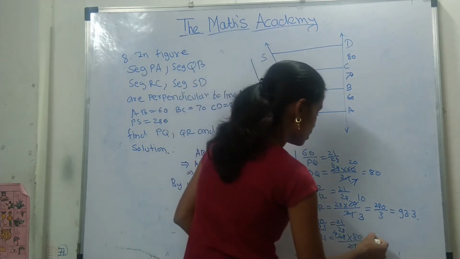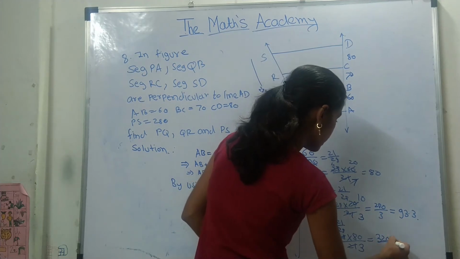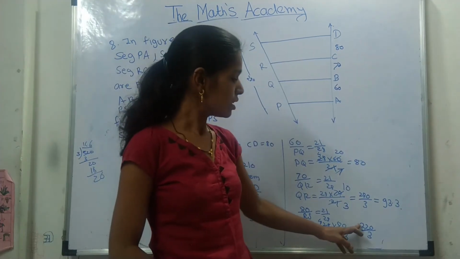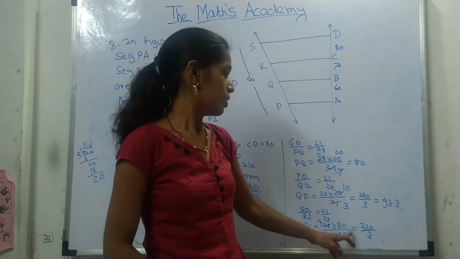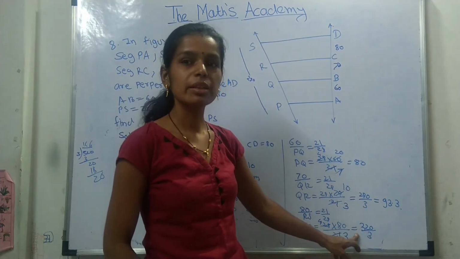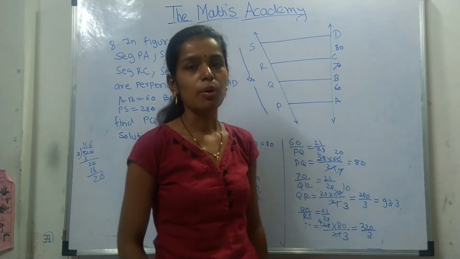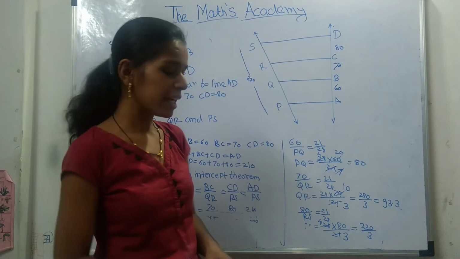And 4 multiplied by 80 is 320 divided by 3. So the solution is 320 by 3. There is no need to find the answer in decimal form. Okay. So this is our 8th example.